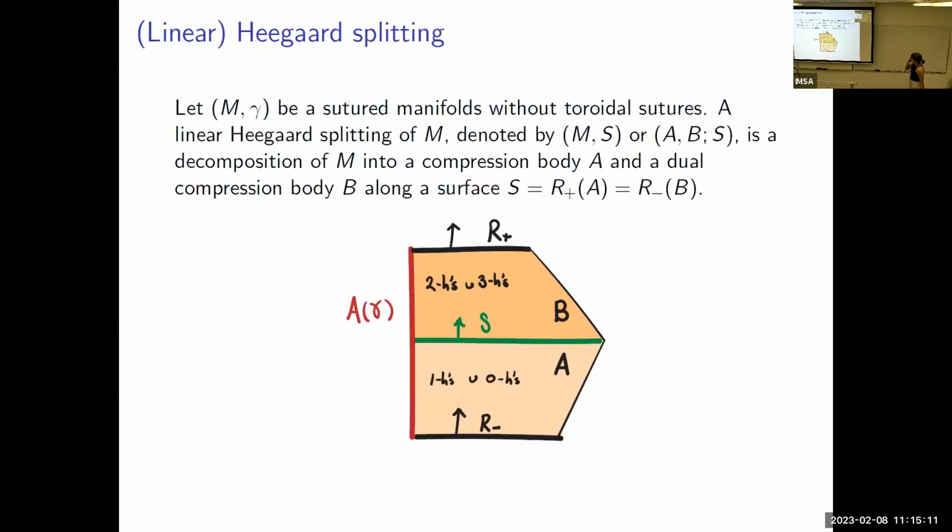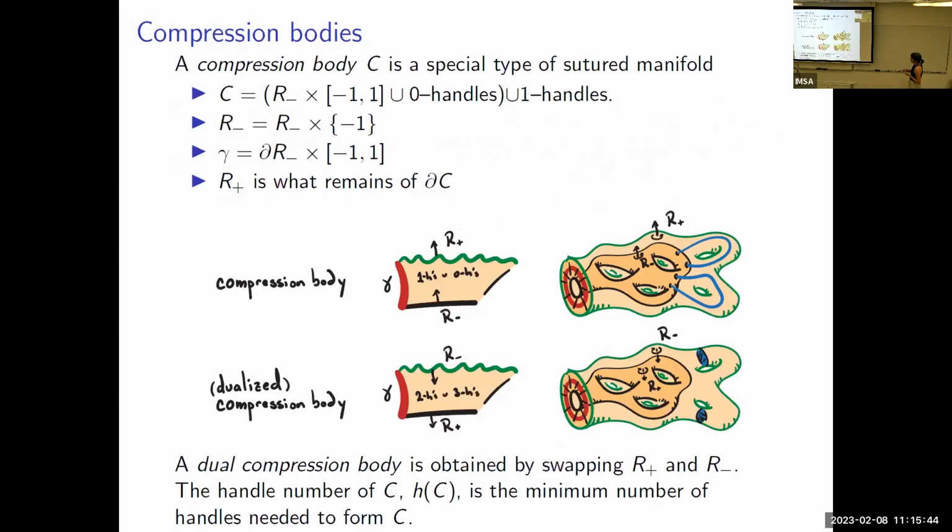Now we are going to define what a linear Heegaard splitting is for a sutured manifold. In this case, this definition is for sutured manifolds without toroidal sutures. A linear Heegaard splitting is a decomposition of the manifold into a compression body A and a dualized compression body B, glued along the surfaces.